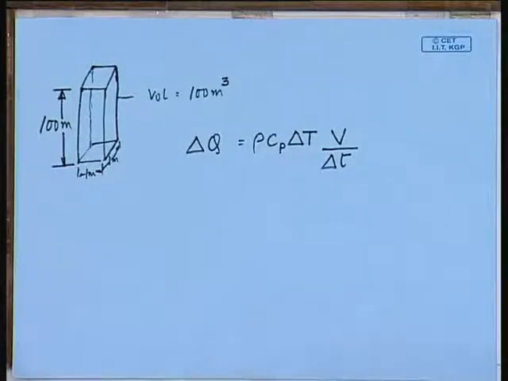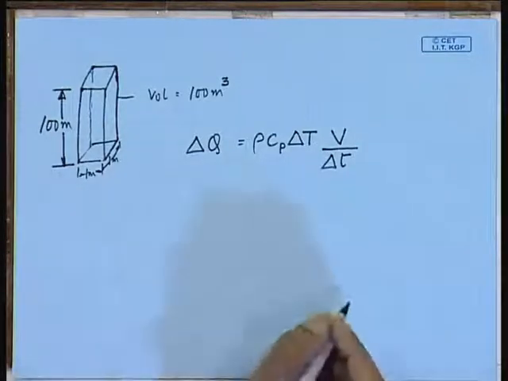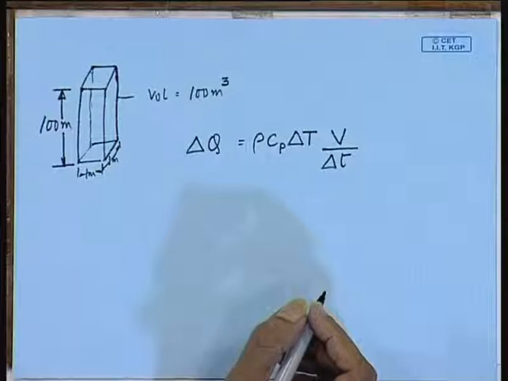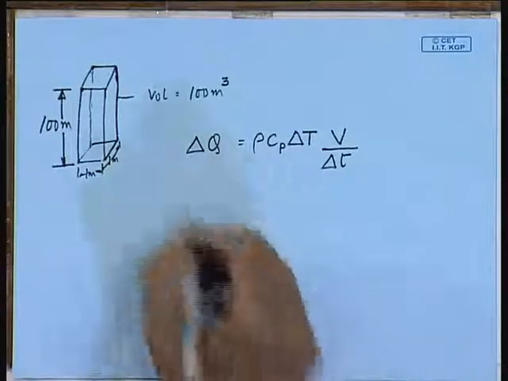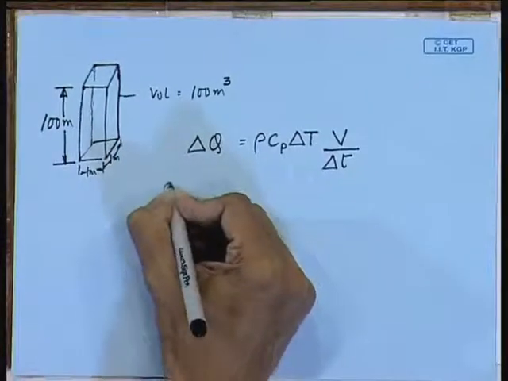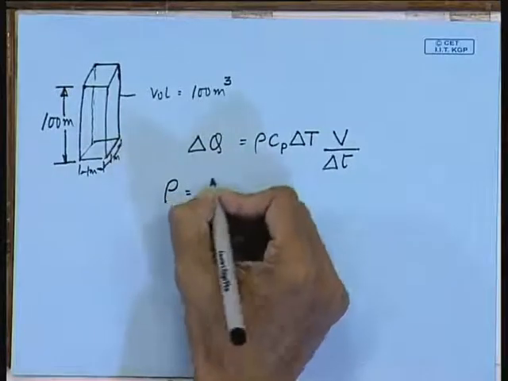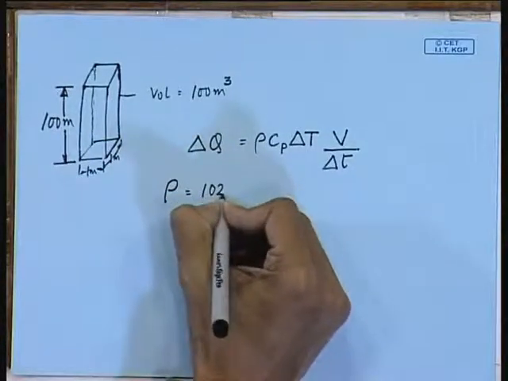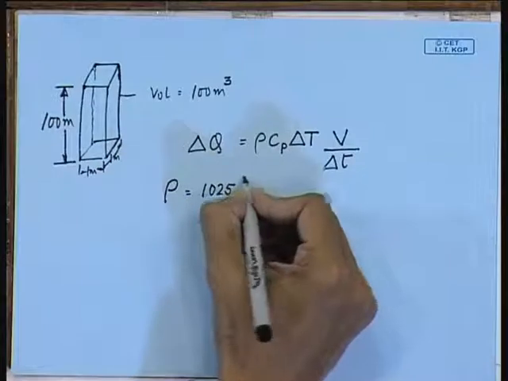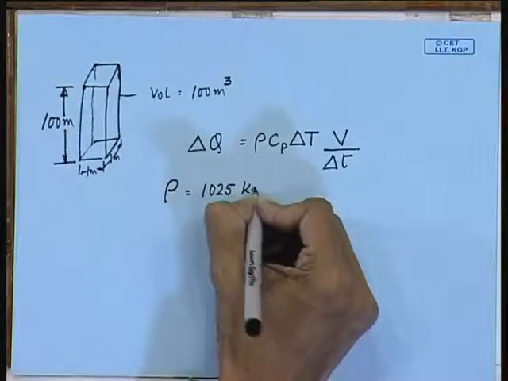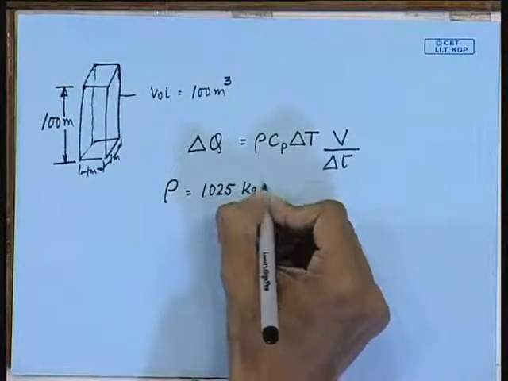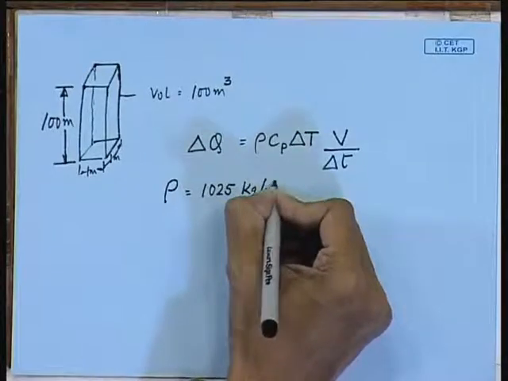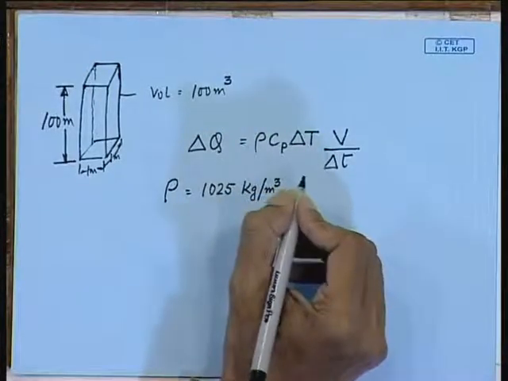So heat change, you calculate heat change, how much it is coming. Now in this equation, you take rho, that is the density of seawater. This is 1025 kg per meter cube. So this is your mass per meter cube, right?